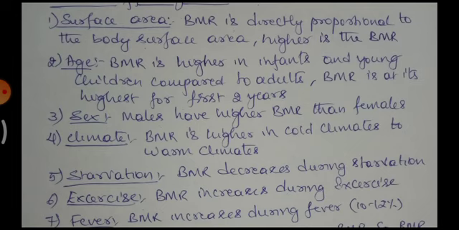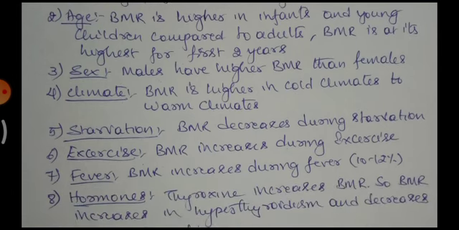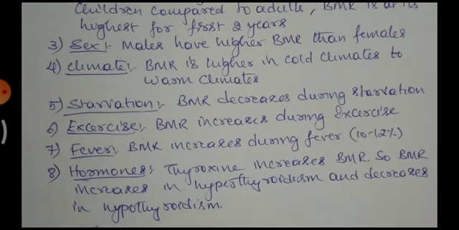Compared to infants, adults eat three times in a day. Children cry whenever they want food, so that's the indication. So they have more BMR. Children less than 2 years have more BMR.